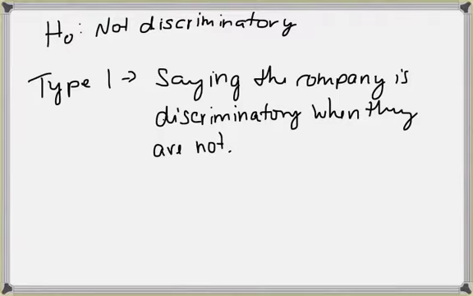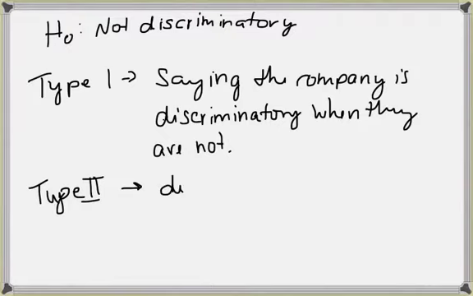Now, a type 2 error in this case, again using the null hypothesis, is based on the fact that the null hypothesis actually is false, but we failed to reject it. So if the null hypothesis was false, that means the company actually was discriminatory, but we decided that they were not, okay?